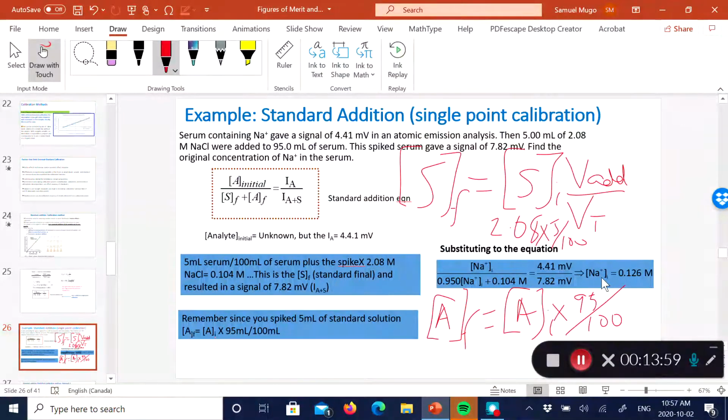And so the sodium initially present is equal to 0.126 molar concentration. So that's what you do for standardization where you're only doing a single point calibration, meaning you've got only one standard solution that has your analyte present. Okay.